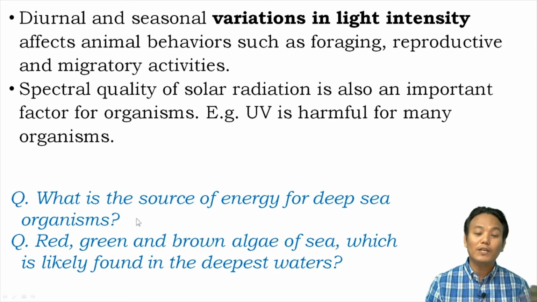But what about in the deep sea where the sunlight cannot penetrate? And another question is, among red, green, and brown algae of the sea, which is likely to be found in the deepest water and why? So these are the two questions for which you have to find answers. And this is about light as an abiotic factor.